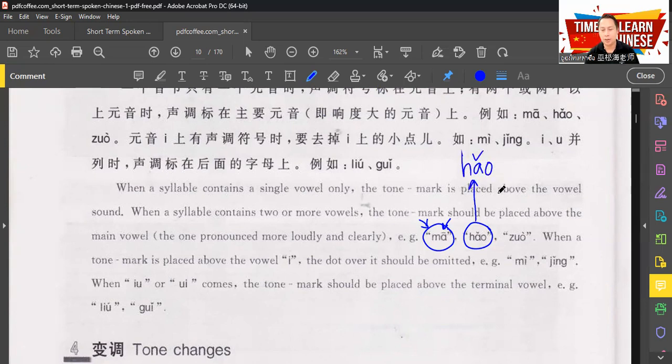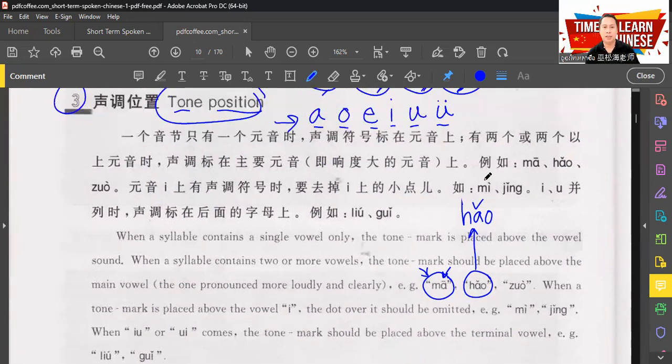And third tone. Why do we have to put the mark on a? Because when we take a look at this, a comes before o, so we have to mark on a.